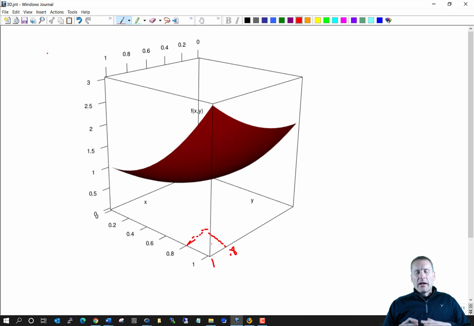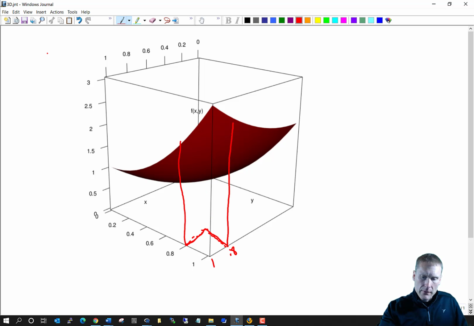So on the f of x, y is equal to 0 plane in 3 dimensions, what I've done here is I've actually kind of drawn out where I would have an x and y within this region. And if I project this up in my plot, fortunately, I can't draw straight lines very well.